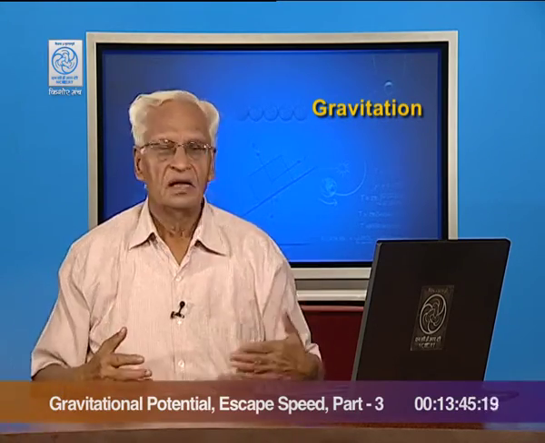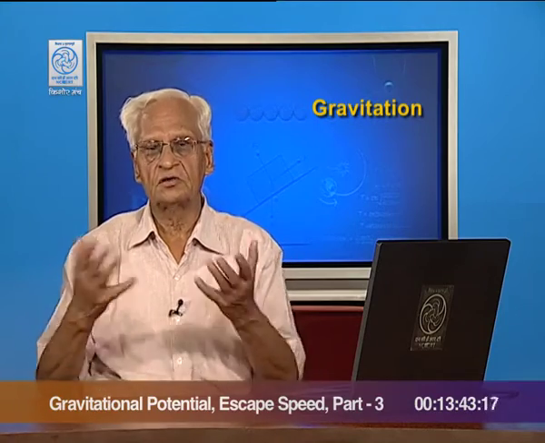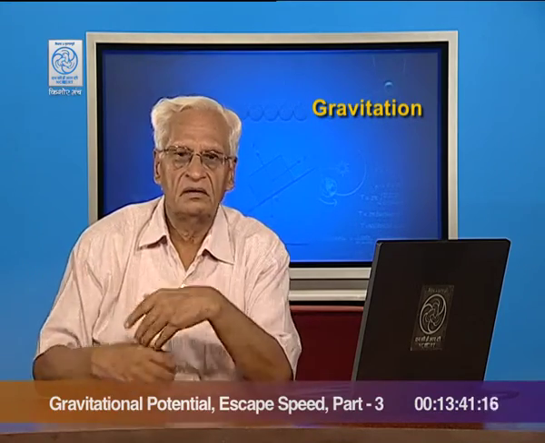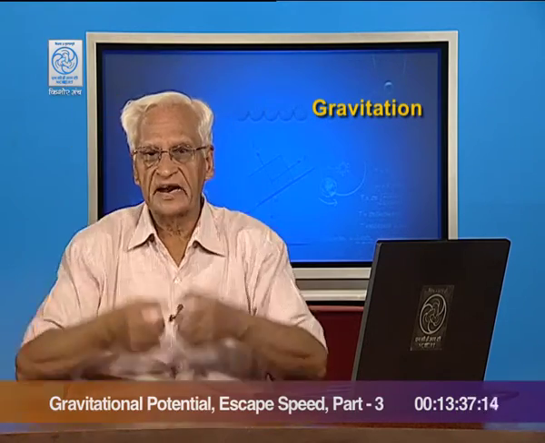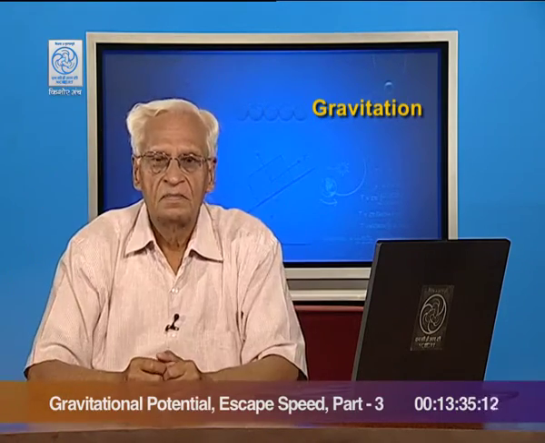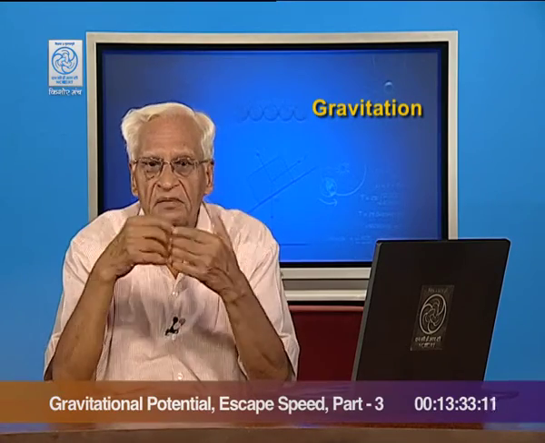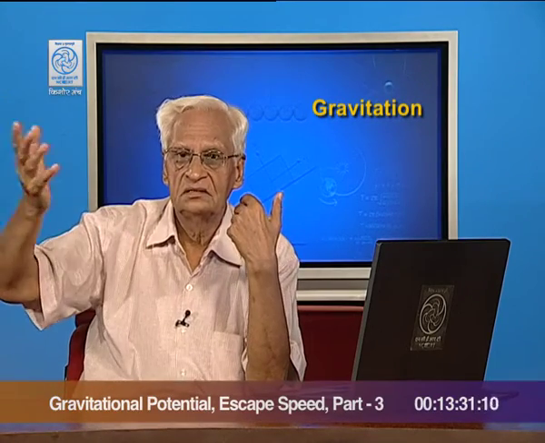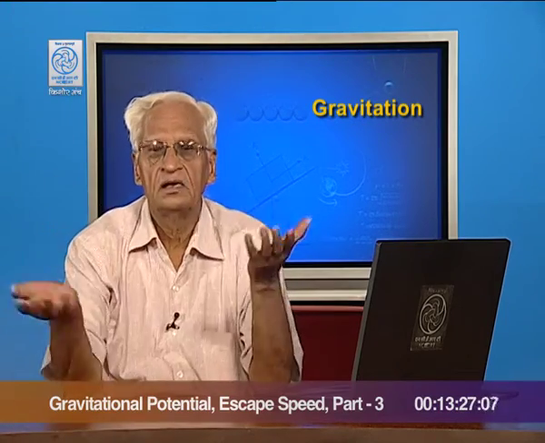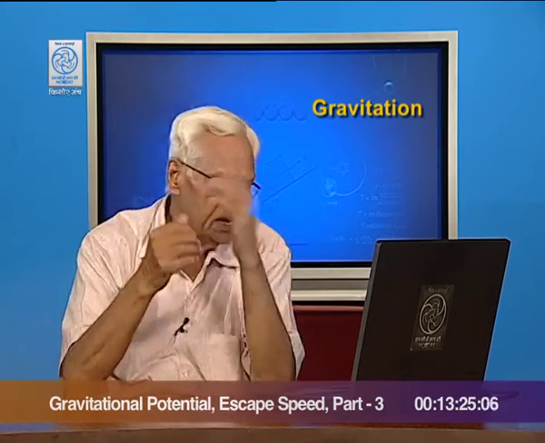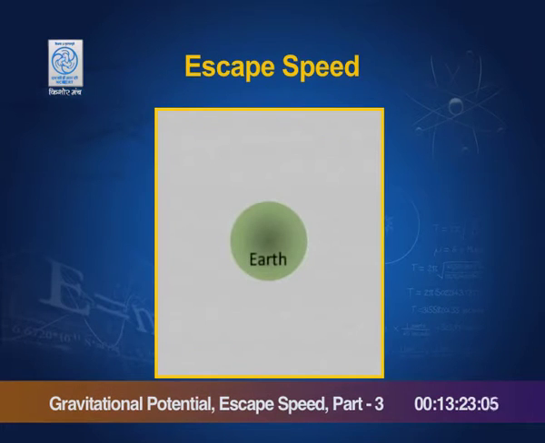Now, since the gravitational field of the earth or sun or of whatever body you consider is there and it always attracts particles towards it, is there a way in which we can make a particle free, so that it goes out of the gravitational field, say of the earth? Let us see whether it is possible or not.